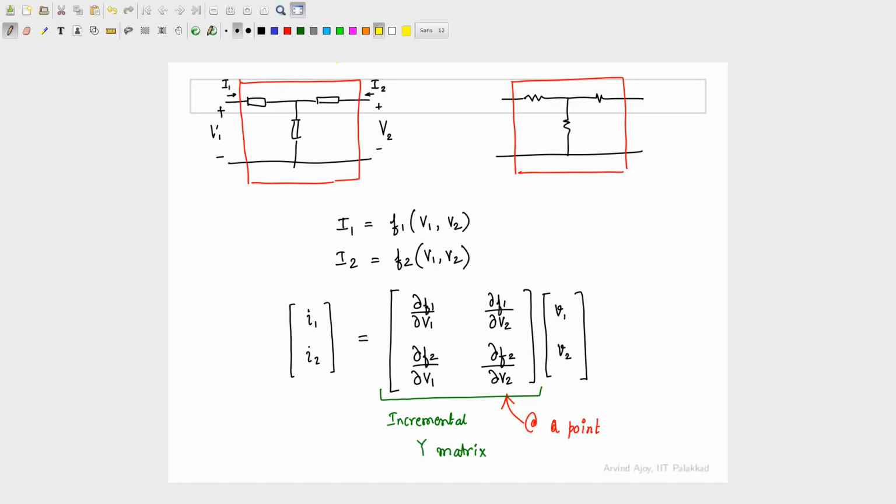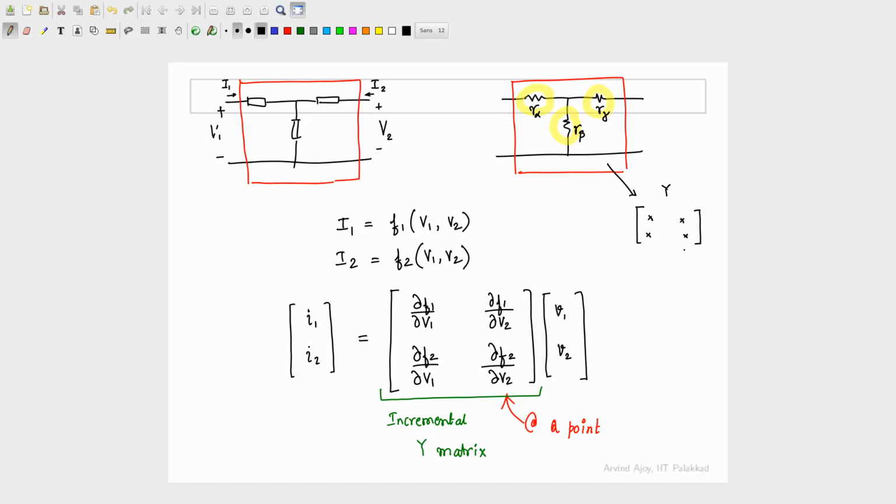So the question is, I want to go from here to there, only for the small signal, and I want to find out what's the value of various resistors. I want to find out what are these values.